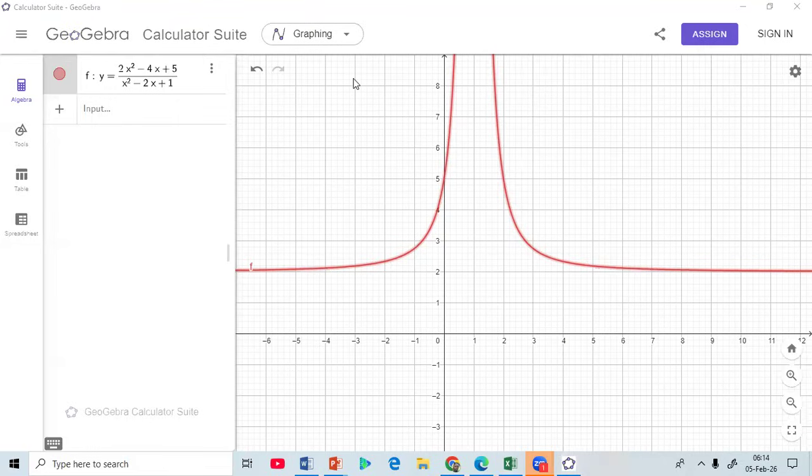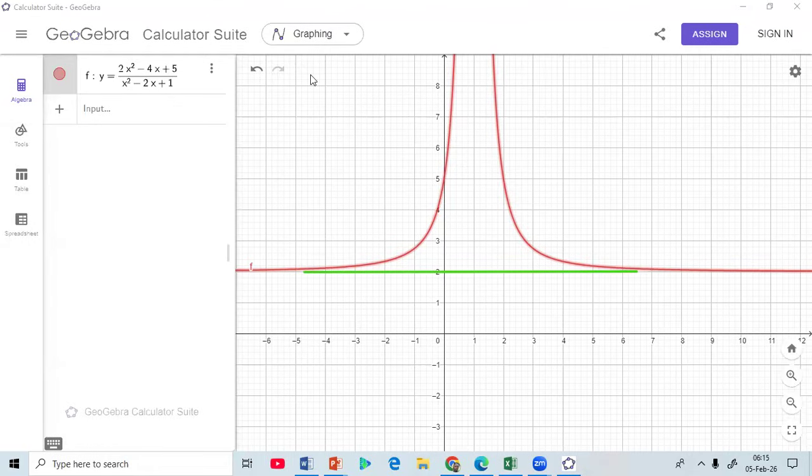Observe very well the graph. There is a line the graph is not touching, but they appear to be very close, but they don't actually touch. Remember, when we are stating the range, they are y values. Range are y values.